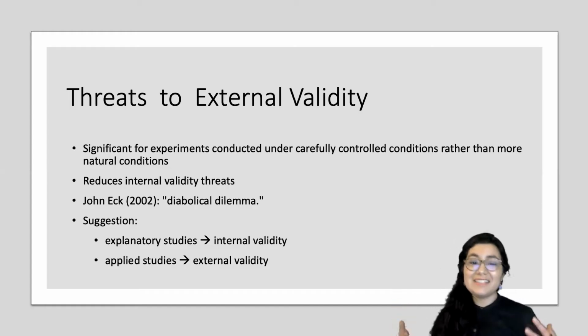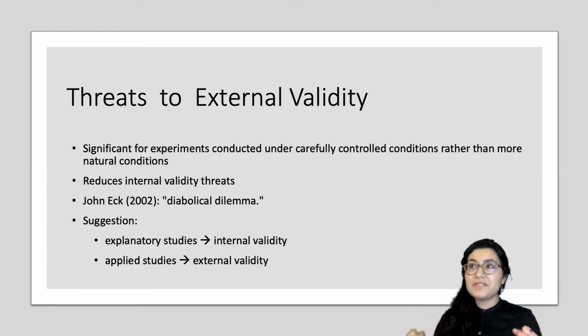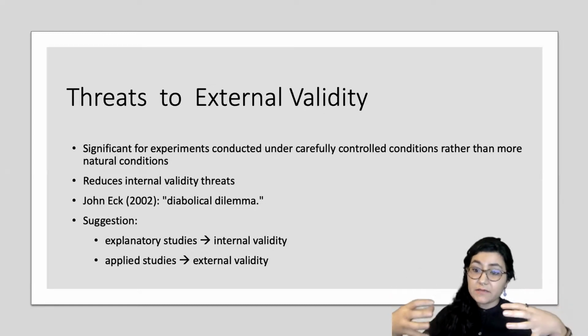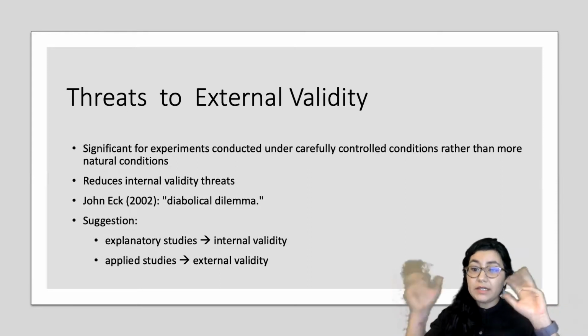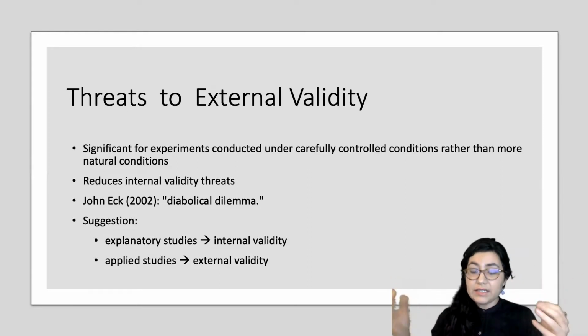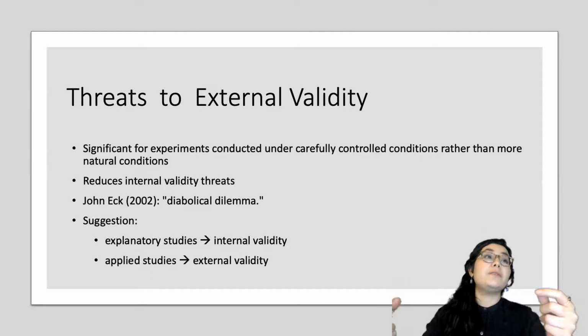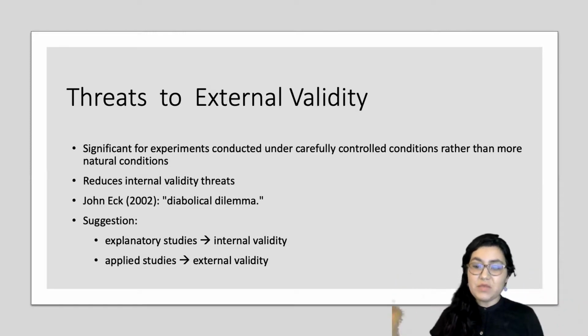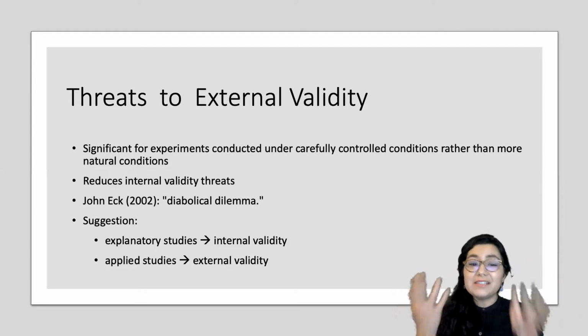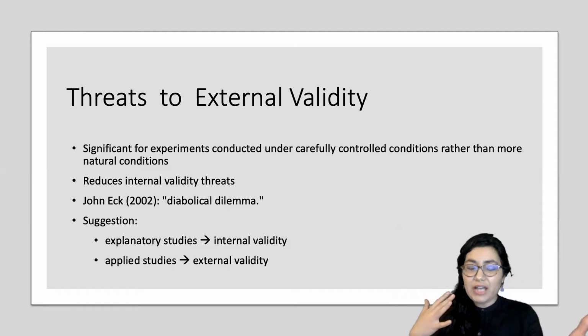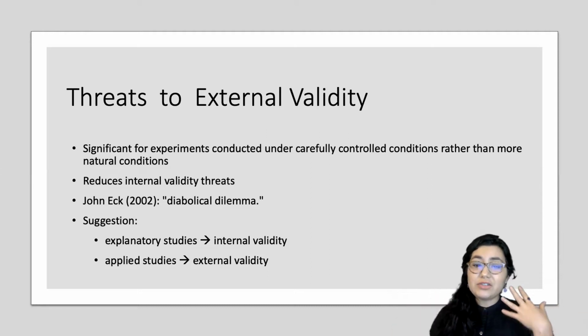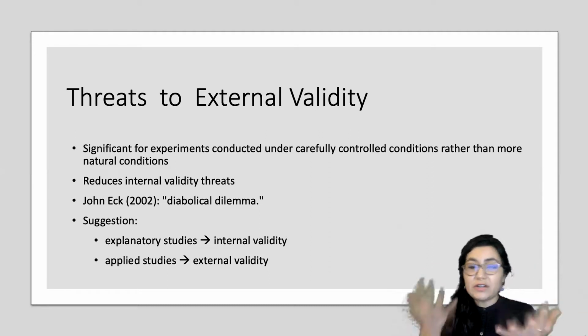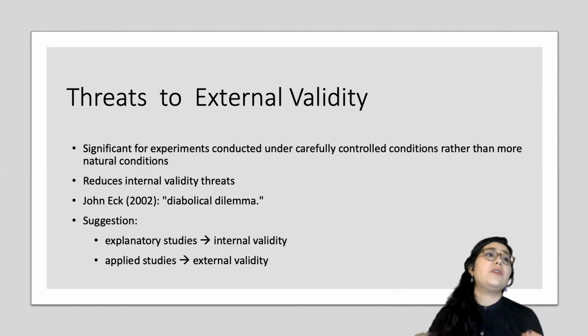There's this issue because the more controlled and experimental we are, and the more specific about manipulating the space and the design within an experimental setting, the less external validity we might have unless we do replication. So there's this balance, this diabolical dilemma that John Eck presents, in which internal validity and external validity are balanced against each other.